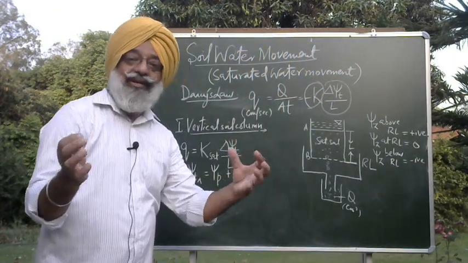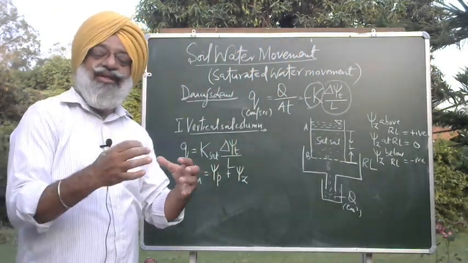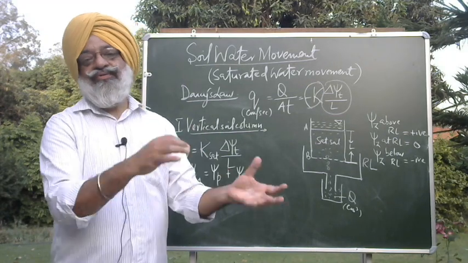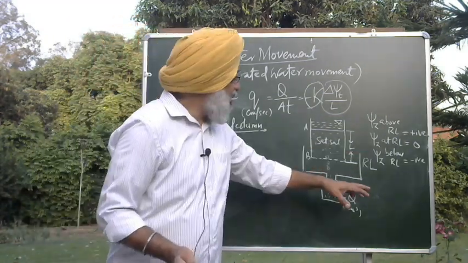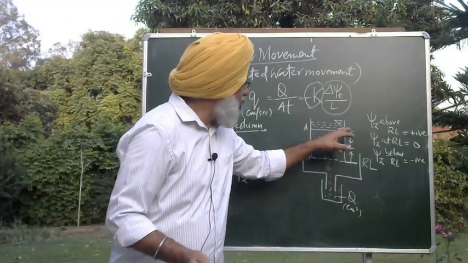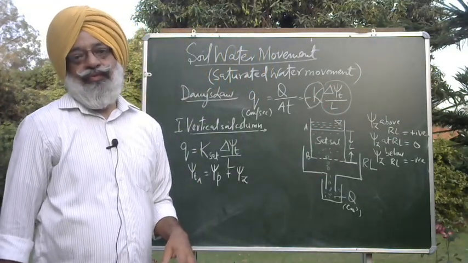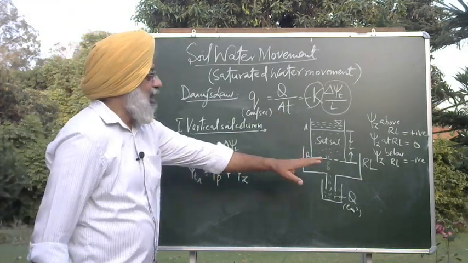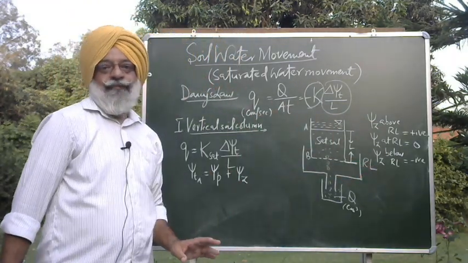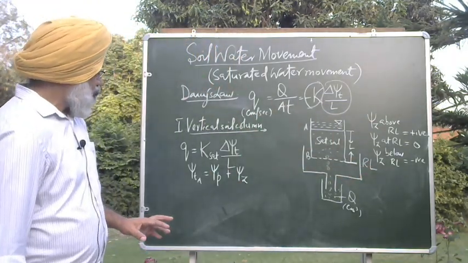Otherwise, if you calculate the difference in this gravitational potential, that difference will come out to be the same whether you take the reference level over here, or at any point in the soil column. So that is why I have selected this reference level to be at B.